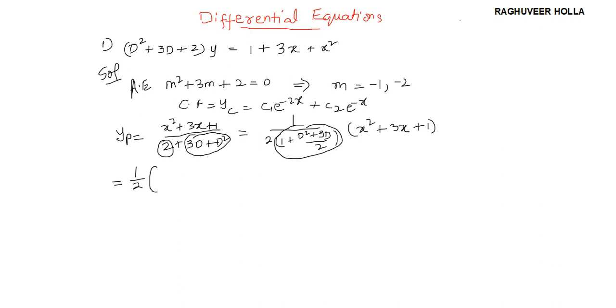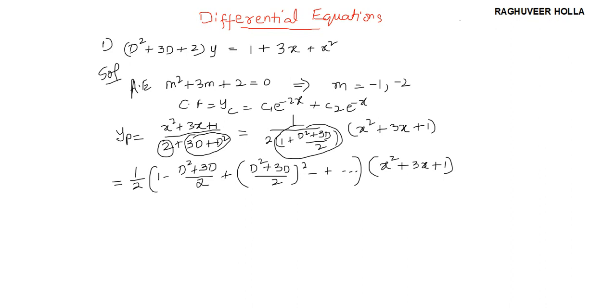So I'll try to expand this, and I get 1 minus (D square plus 3D) divided by 2, fine, plus (D square plus 3D by 2) whole square, and so on. And don't forget this, that is x square plus 3x plus 1.